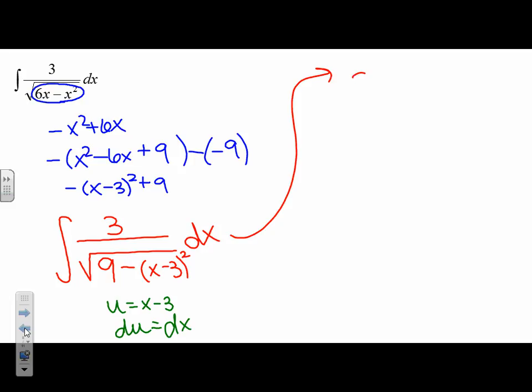So I'm going to rewrite this as 3 times the integral of 1 over the square root of 3 squared minus u squared du. So if it's linear, it's okay to just go ahead and follow it, when there's only a coefficient of 1. If that were 2x minus 3, then u substitution would be necessary.